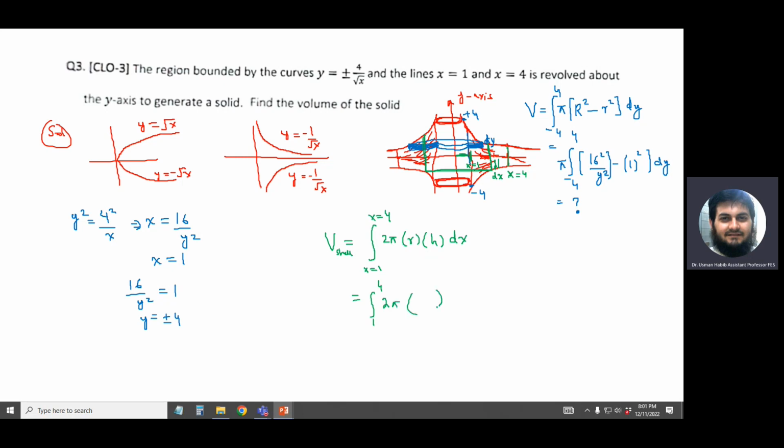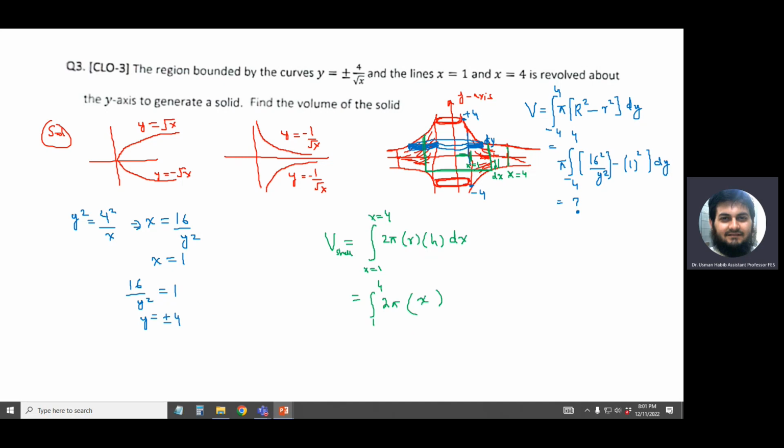The radius of each shell is very easy because we are taking the y-axis as the axis of rotation. When we place the shells on the x-axis, the distance from the origin to that shell, which is the radius, is just the x. It's just the point where we are placing the shells.